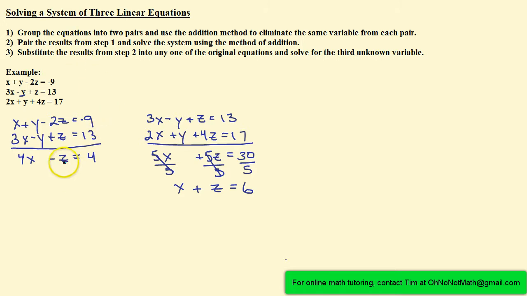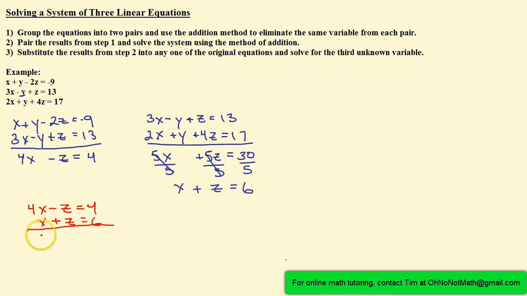Okay, so I have 4x minus z equals 4. And I have x plus z equals 6. And let me add those equations together.